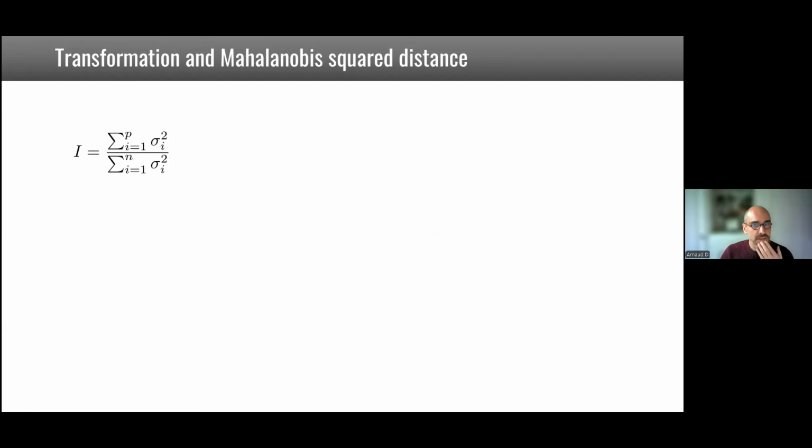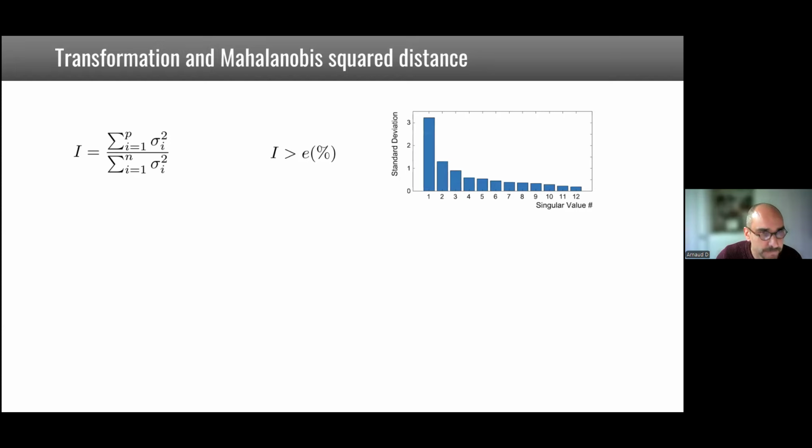So the question now is, what can I do with that? If you look at these sigma values in general, it's not rare that there are a few eigenvalues, in this example with a 12-component feature vector, that are much larger than the other ones, okay?